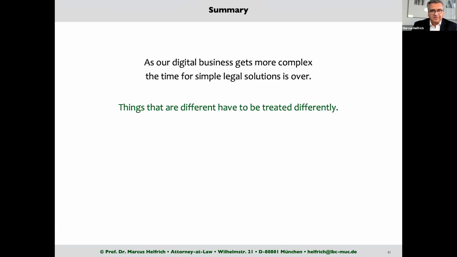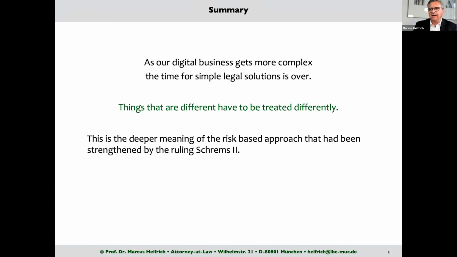So things that are different have to be treated differently. And this is, I think, the same idea underlying the Schrems 2 ruling. The deeper meaning of Schrems 2 is: have a closer look at what you're doing.